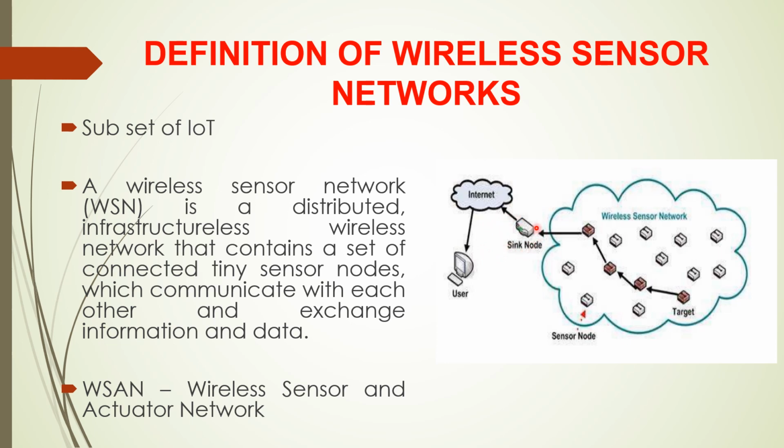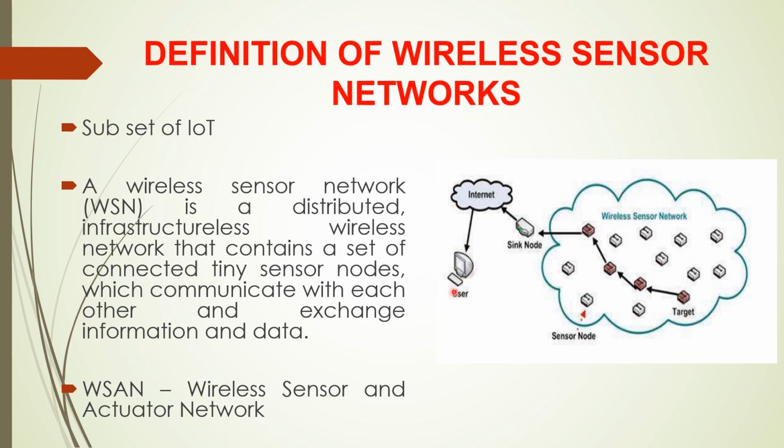So this sink node or base station is where your data can be observed and analyzed. This sink or base station acts as the interface between your user and the wireless sensor network. So your user can retrieve the required information.